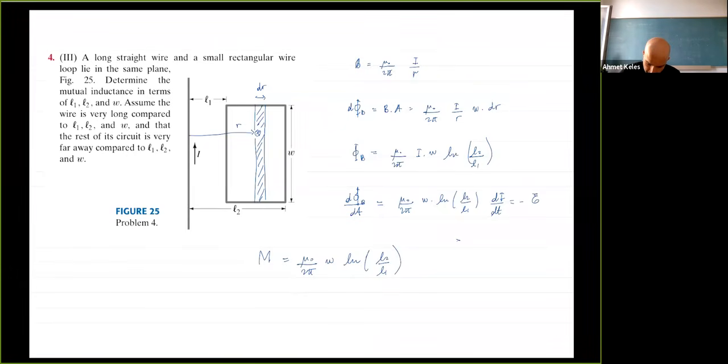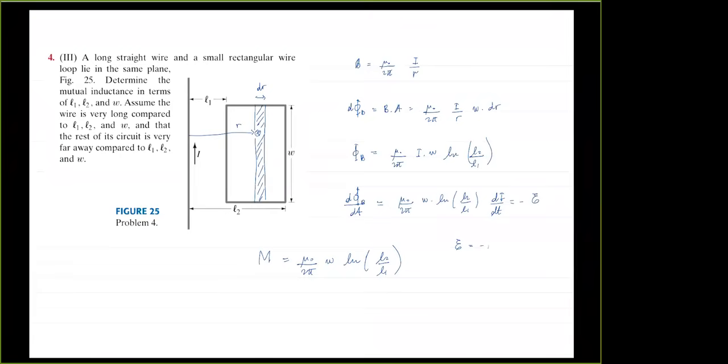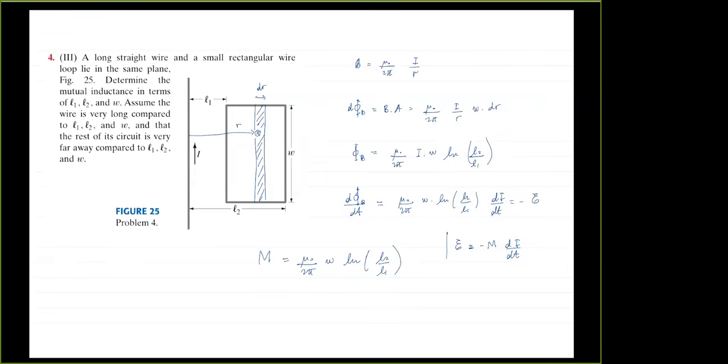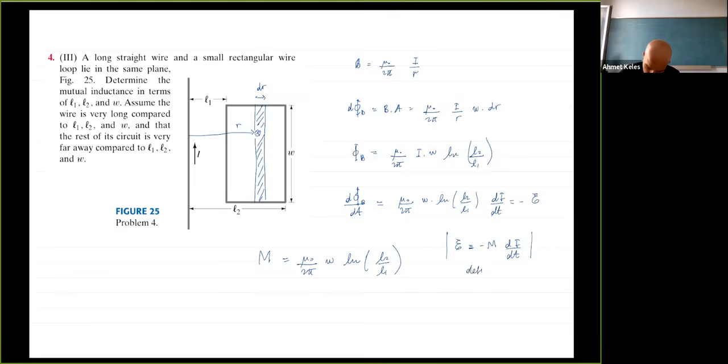The mutual inductance is defined by something like this, M times di dt. So when you find the induced EMF, and when you write it in terms of di dt, the coefficient in front is going to be the mutual inductance. So maybe I can put it like definition.